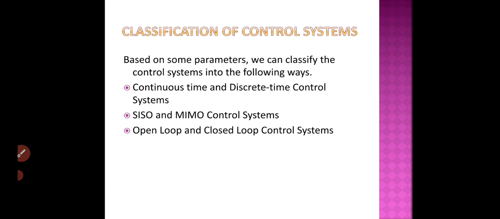MIMO full form is multiple input and multiple output control system. Then the third one is open loop control system and closed loop control system.